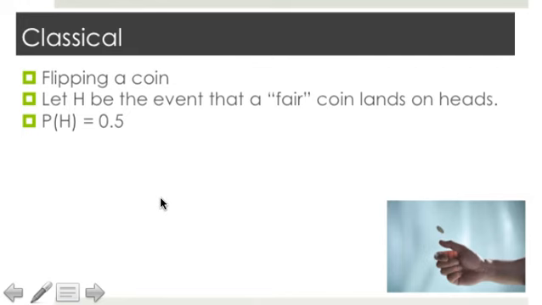If you take a coin and flip it, and we let H be the event that a fair coin lands on heads, by the way, a fair coin means that it's equally likely to land on heads as it is to land on tails, then the probability of landing on heads is exactly 0.5. This is a theoretical probability based on nothing other than the fact that we know it's equally likely for either of those two events to occur, heads or tails.